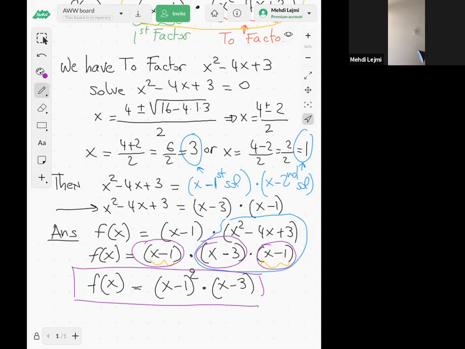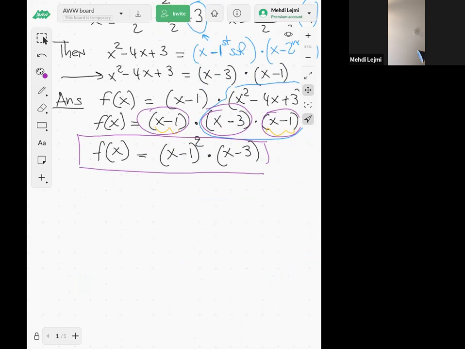So now, once you get the complete factorization, then you can find the x-intercepts and their multiplicities very easily. So to answer question number 3, the x-intercepts, well, all you have to do is solve f of x equal to 0, right?